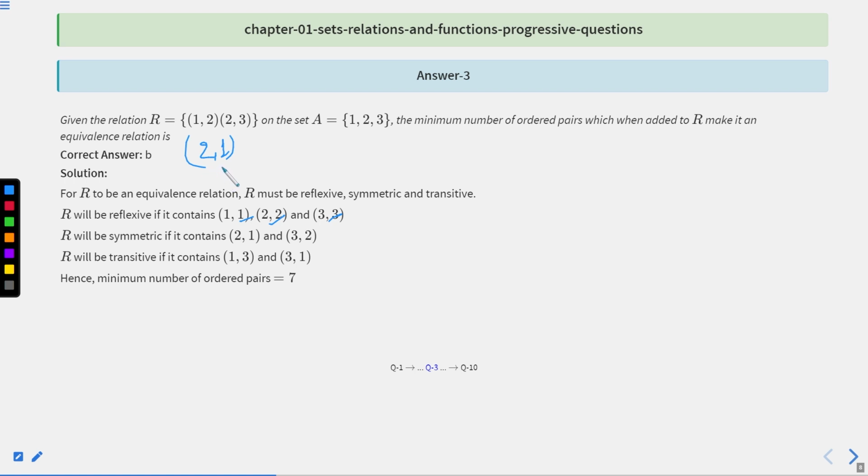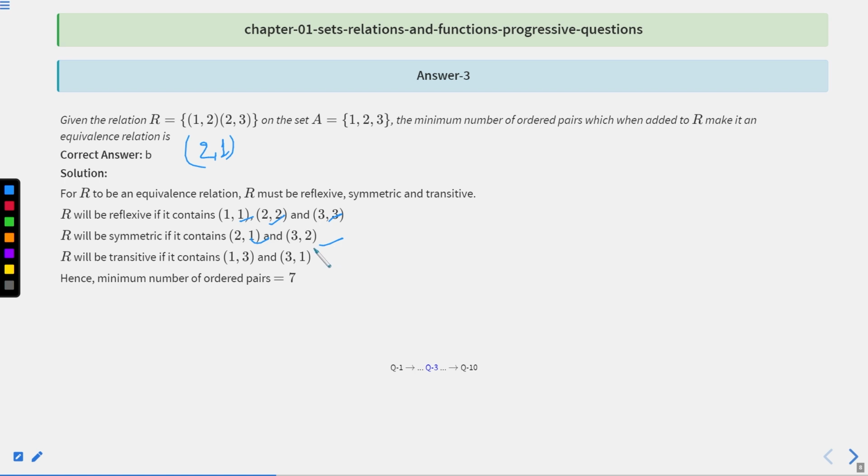What is the definition of a symmetric relation? If (a, b) is present in the set, then (b, a) must be present in the set. So if (1, 2) is present, then (2, 1) must be present, and if (2, 3) is present, then (3, 2) must be present. So the next elements to be added are (2, 1) and (3, 2). So the relation becomes reflexive and symmetric.